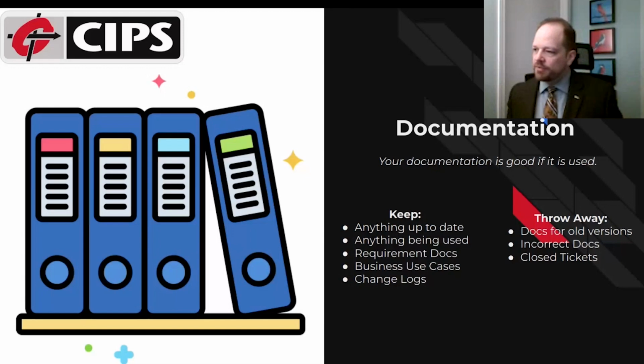These are the sort of documents you want to bring across. Change logs, business use cases. If you have business use cases from a previous project, bring those across. You want to throw out anything that is irrelevant, old, out of date, and useless, basically.